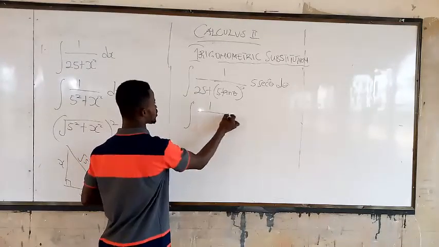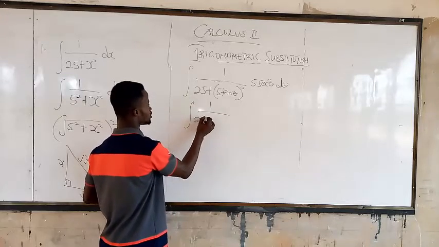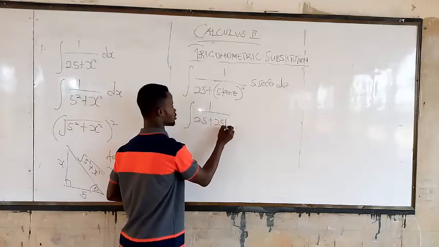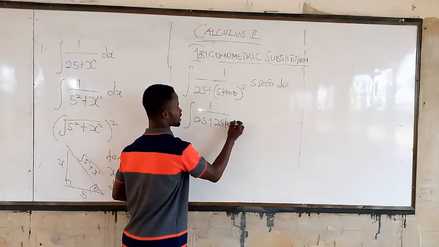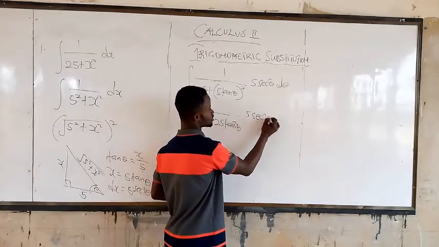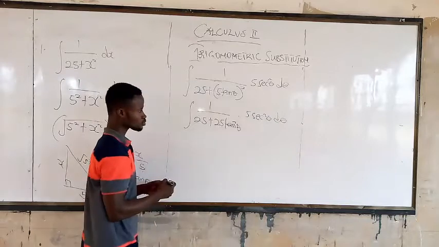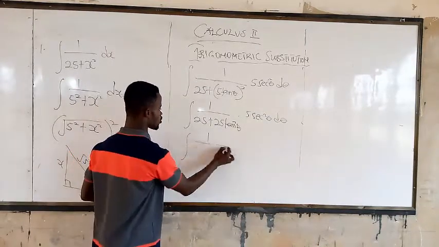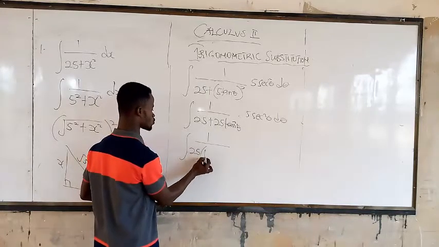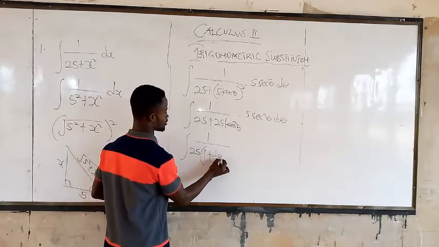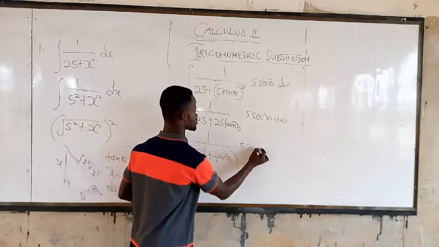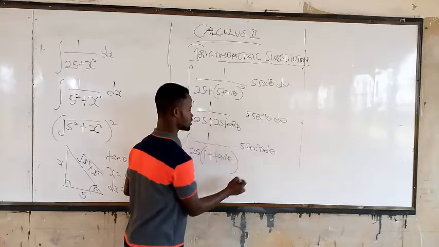Now you get 1 over 25 plus 25 tan squared theta, and here we get 5 sec squared theta d theta. So now we can see that we can factor 25 out. So 25 times 1 plus tan squared theta, and here we get 5 sec squared theta d theta.